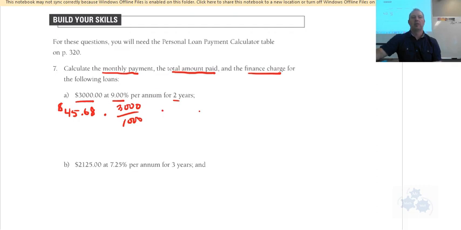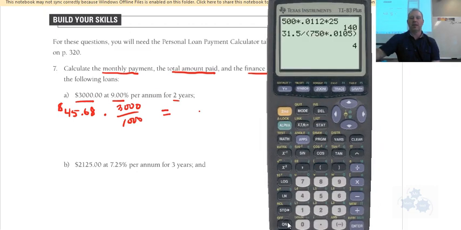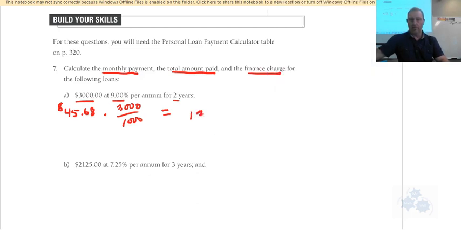This is how we're going to find out our payment. So 3,000 divided by 1,000, that's pretty easy. That's 3, right? Times 3. Everybody looking there, got that? So 137.04 for a payment. Got it?